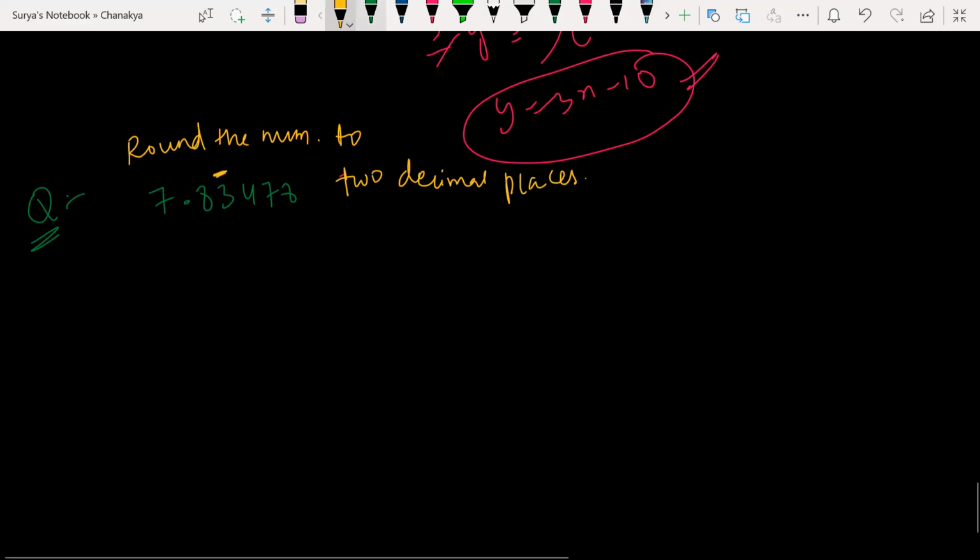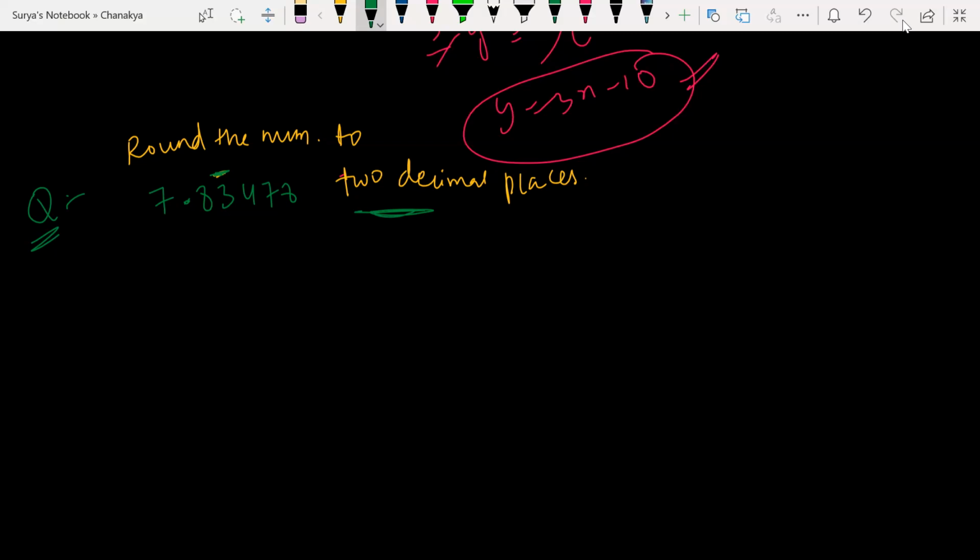This is the question. Round the number to 2 decimal places. 2 decimal places means the second number after the decimal, you have to underline it. Underline the second digit after the decimal point. This is 3, so I just underline that.